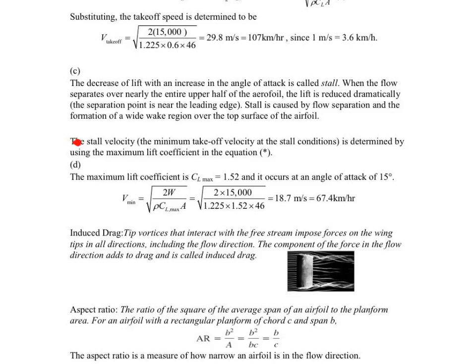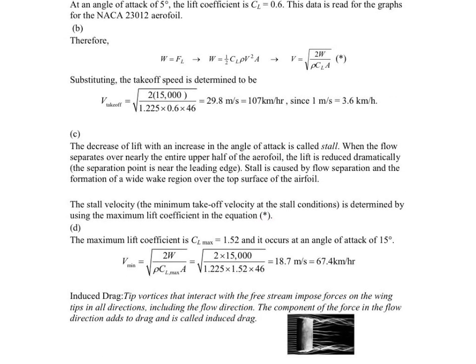Okay, how do we calculate the stall velocity? Using the maximum lift coefficient in the equation in star. So if we go to our equation above, we are using this formula, substitute our values, and we can find our velocity, 18.7 meters per second.